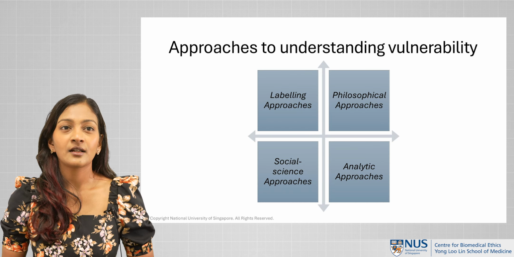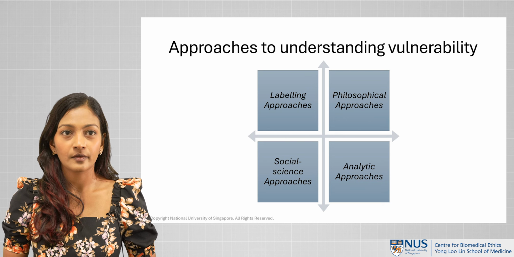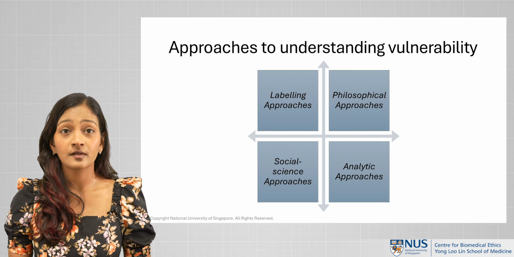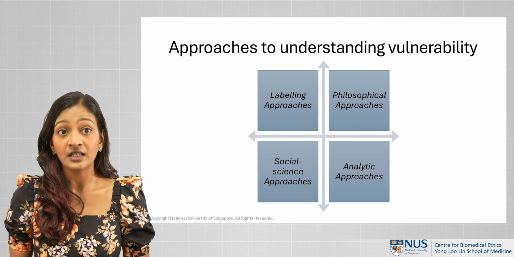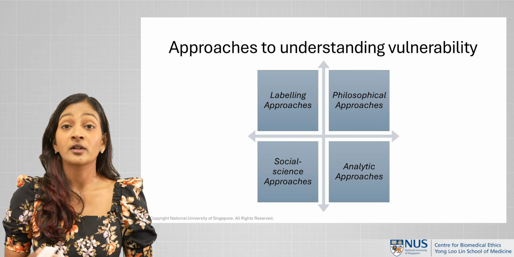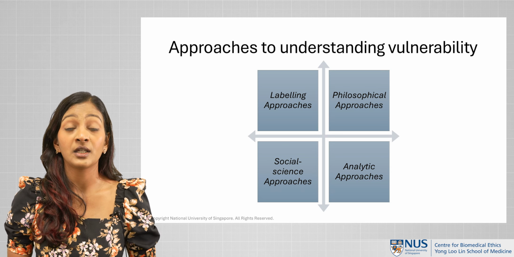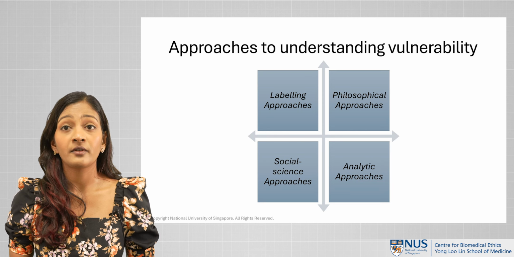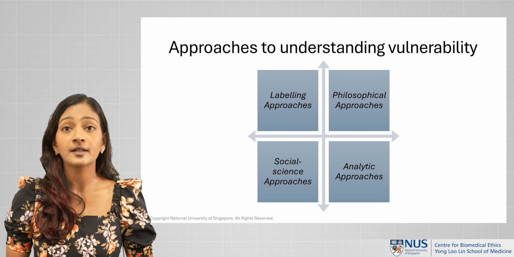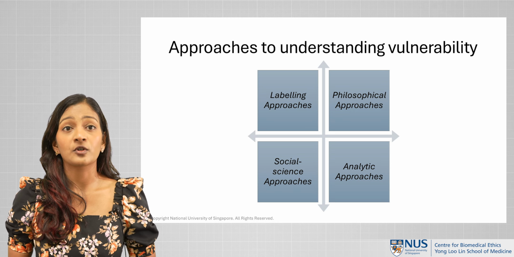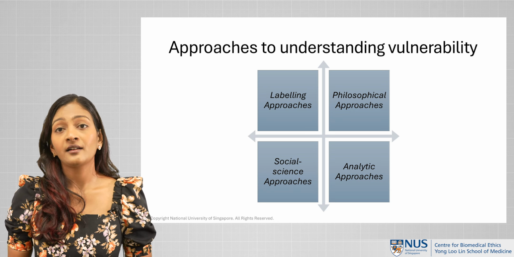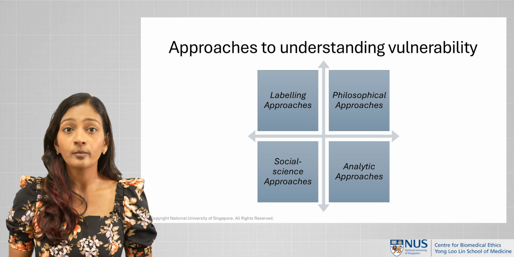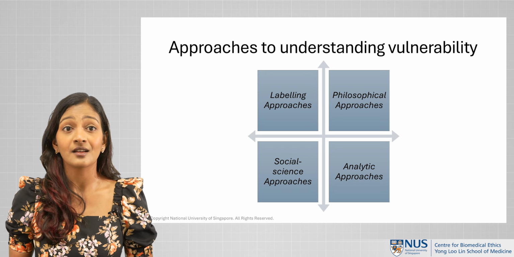Effectively, we can see that there are 4 commonly understood approaches. The philosophical or ontological approaches we've just discussed, that is, what it means to actually be human and what it means to be vulnerable as a human being. Then we have the labeling approach, and this is the conventional approach in healthcare practice and research. The aim of this approach is to categorize, label, and classify vulnerable persons who may require special attention through group membership, because that just makes it easier.